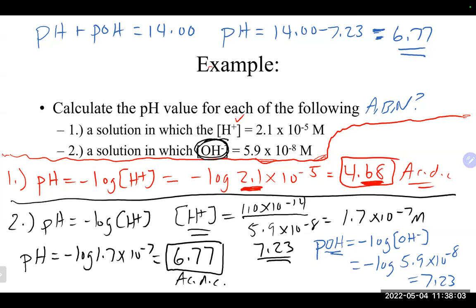There's a few different ways you could solve some of these problems, as we'll talk about in just a bit. But if you went straight into the minus the log with that, you actually got the POH, which is a scale that runs opposite of the pH scale, but you can still use it to get to the correct pH. Any questions on that? All right, we will stop there for now.